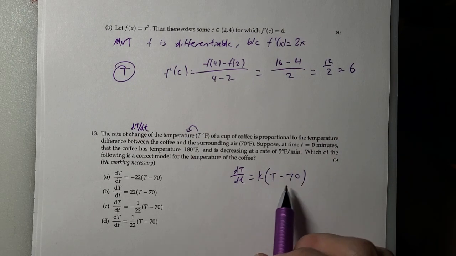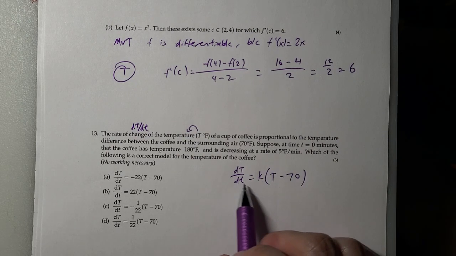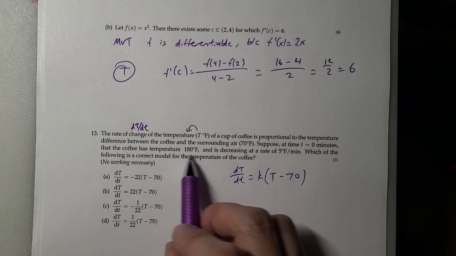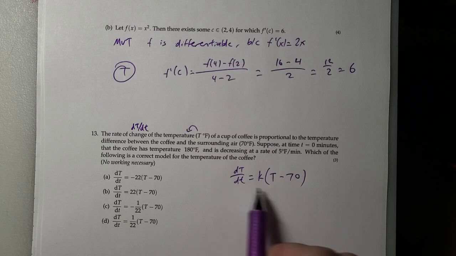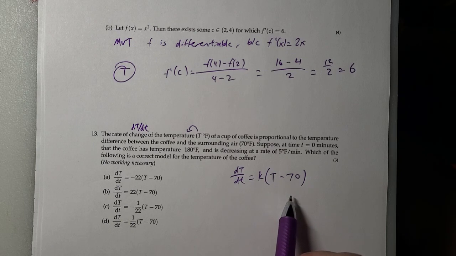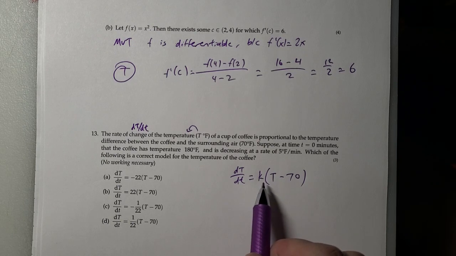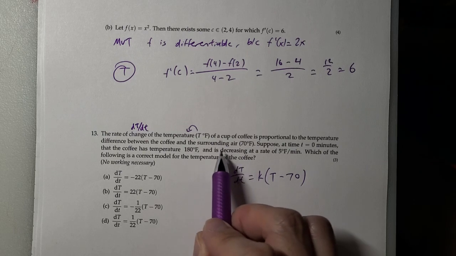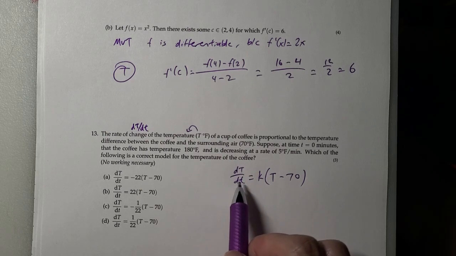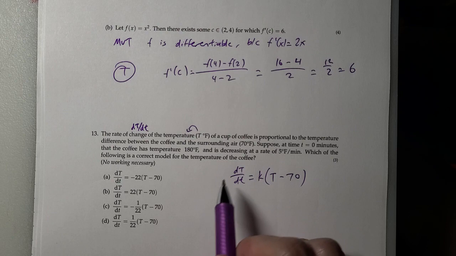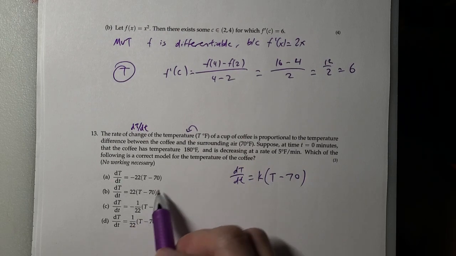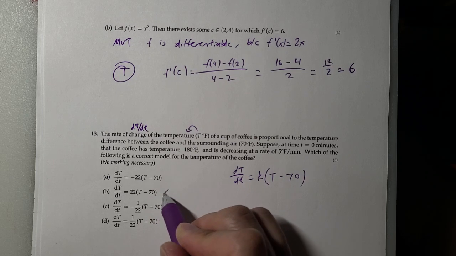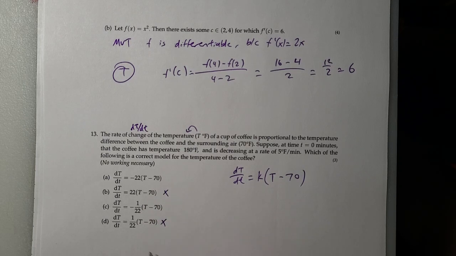Actually, I'm not sure that's even helpful, and I didn't fully understand why they gave all that. But just by the first sentence, it should look something like this. And we know that k should be negative because the temperature is decreasing, so the derivative should be negative. So we can immediately eliminate the positive k's, which are those two.